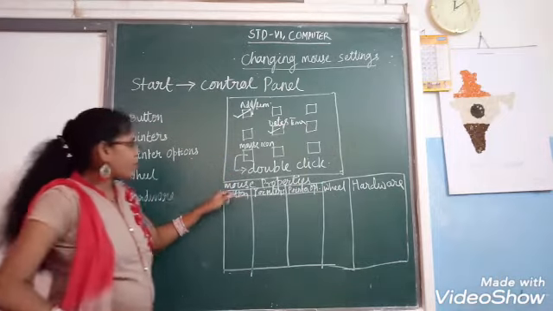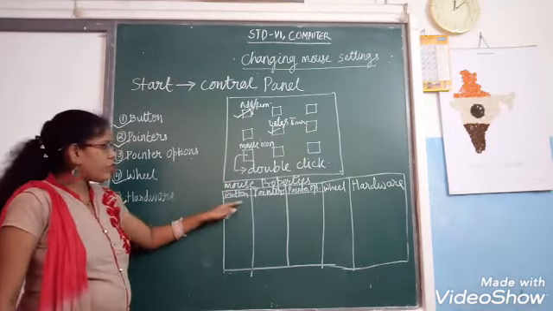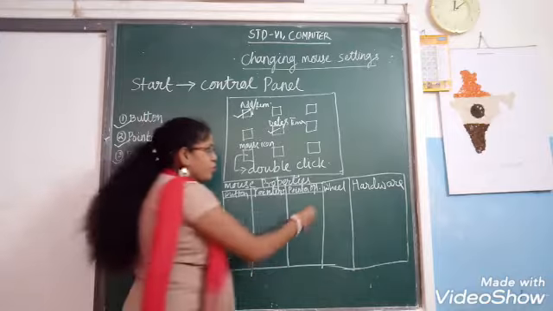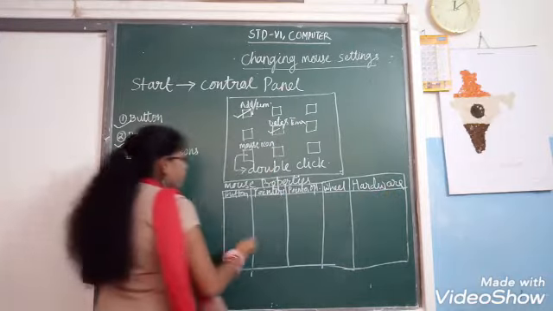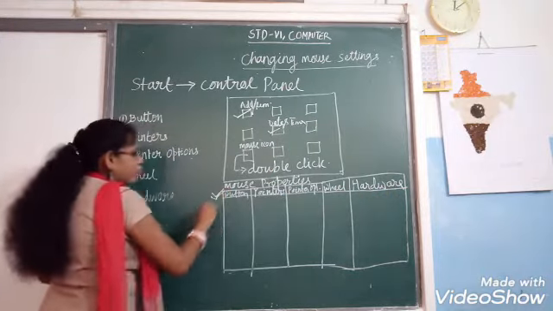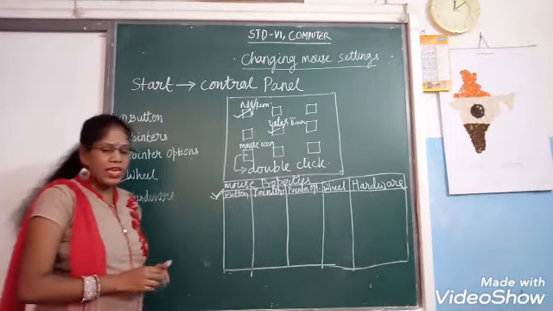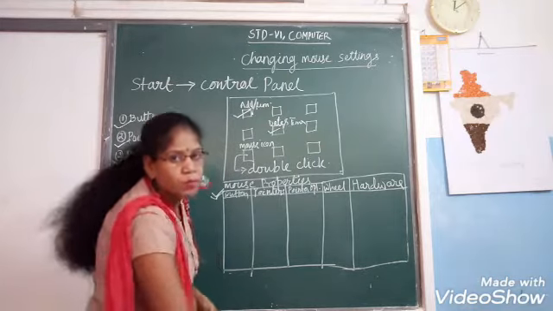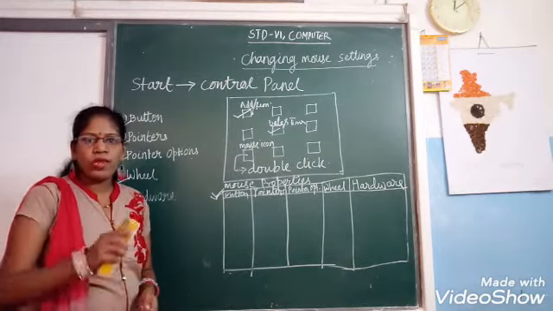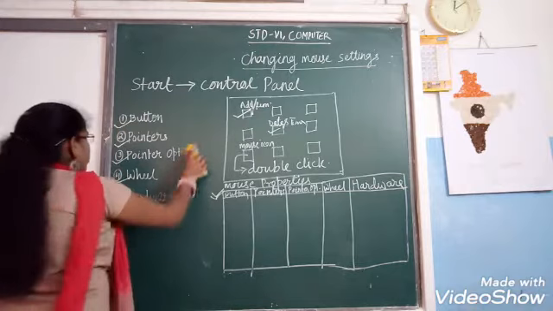So from this mouse properties, from these 5 tabs, we will learn today the first tab, that is your button tab. Once you click on this button tab, 3 options will come.